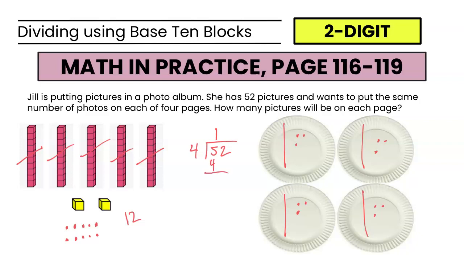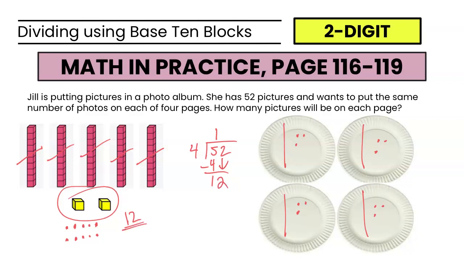Once we do all of that work, it's going to leave us with 1 ten left over. But we can't distribute that 1 ten among 4 equal pages, and so we have to regroup it as ones and then add it to the ones that we started with, which were the 2 ones here, and that's what happens when we drop down that 2.